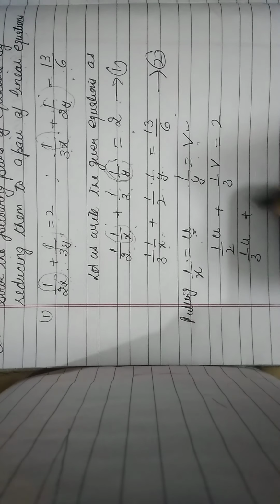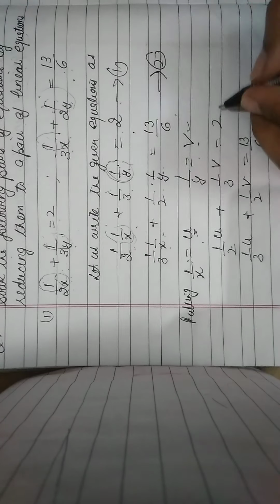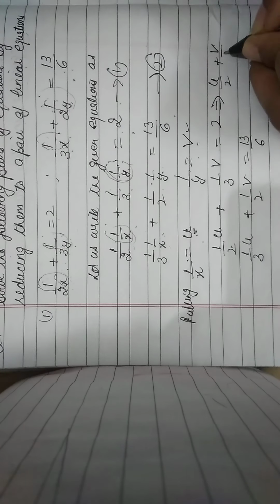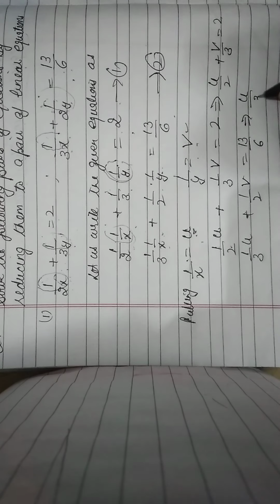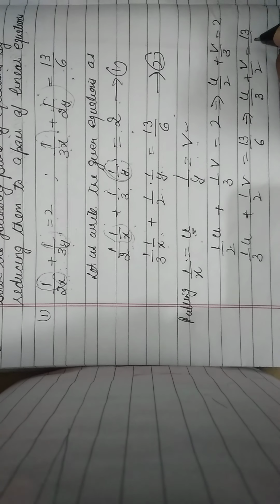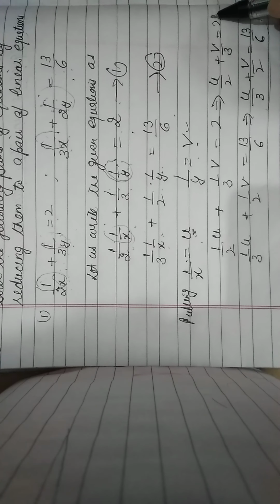Similarly, in the second equation, 1 by 3 into u plus 1 by 2 into v equal to 13 by 6. It can also be written as u upon 2 plus v upon 3 equal to 2, and u upon 3 plus v upon 2 equal to 13 by 6. Now these equations are reduced into linear equations.